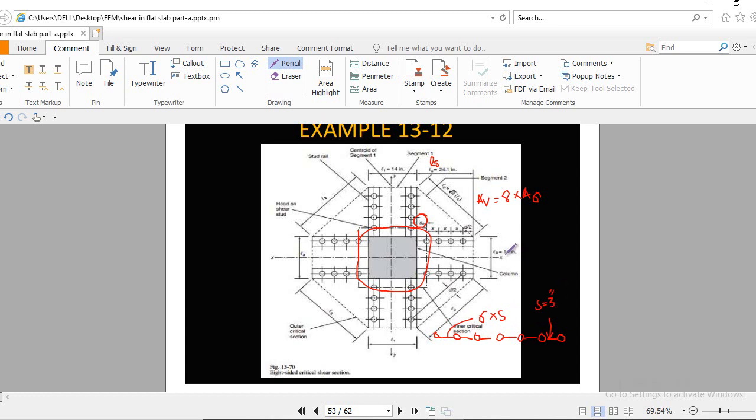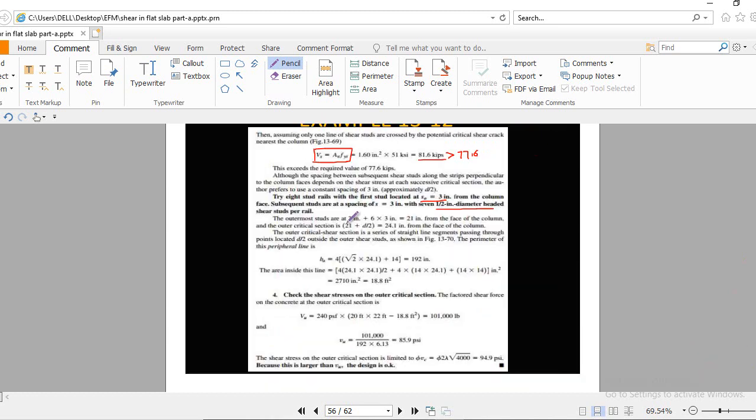Now the purpose of this calculation is to find out this ls. Remember, for this outermost periphery, you can see this stud should be placed at a distance of d by 2. So this is 3 inch. Clear? So what will be this distance now? This distance will be, here you see the calculation, 3 inch plus 6 times 3.